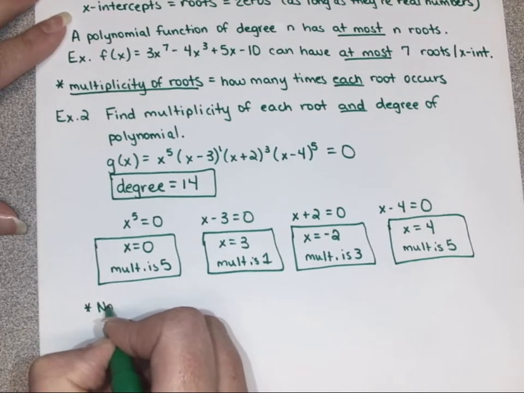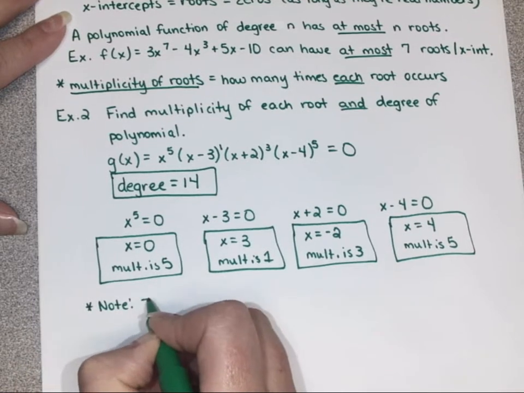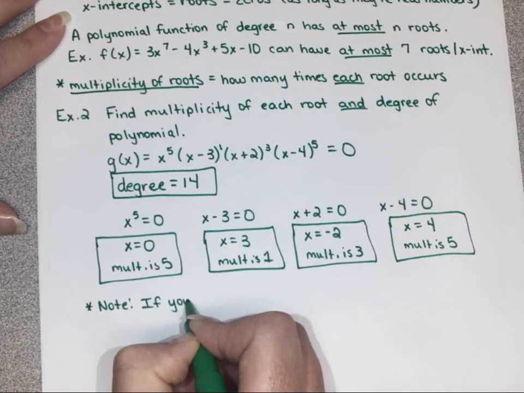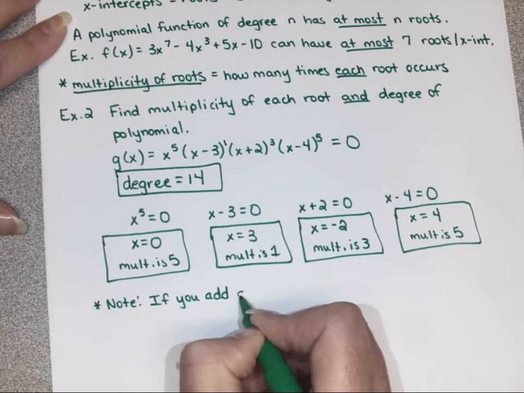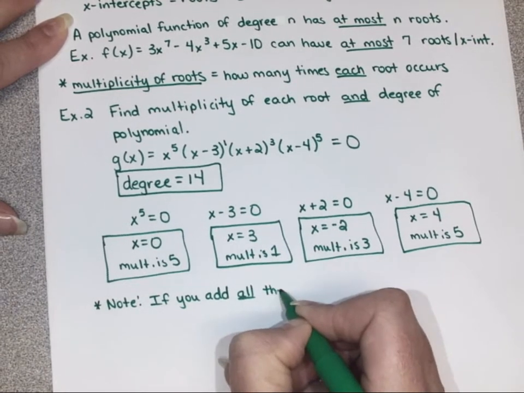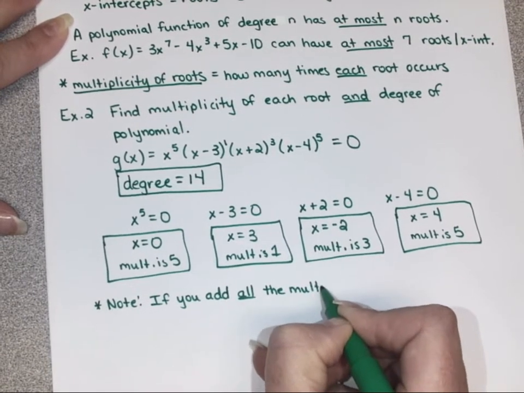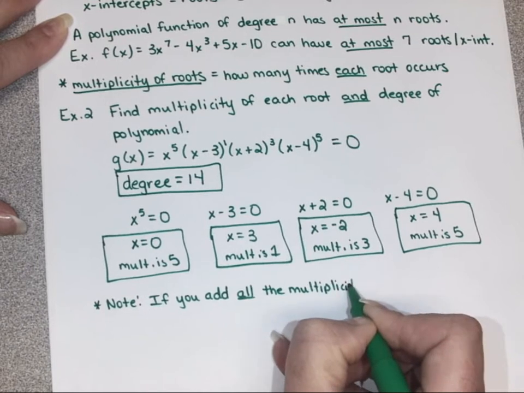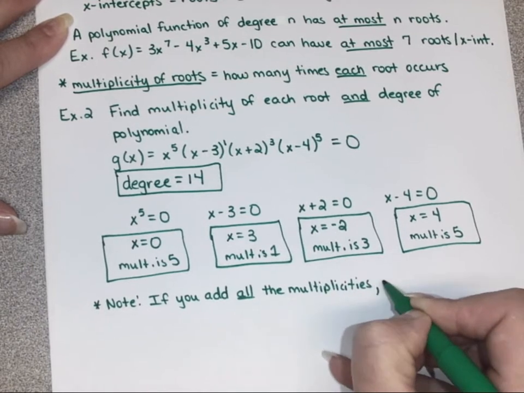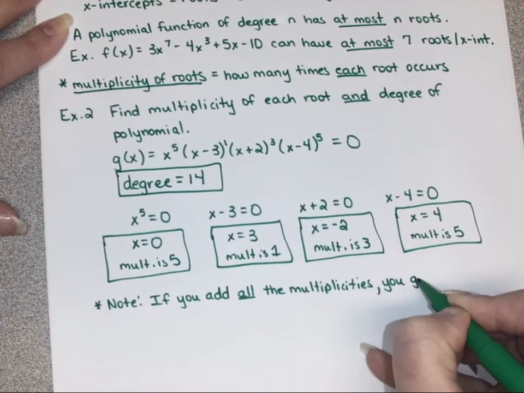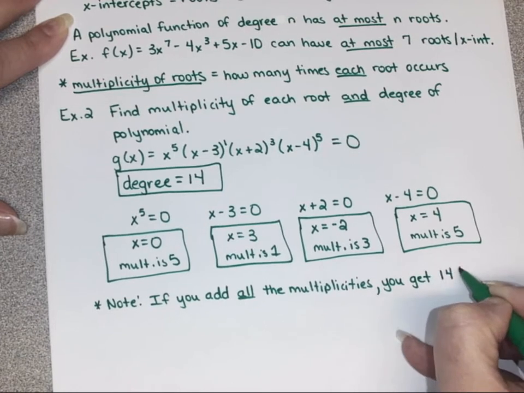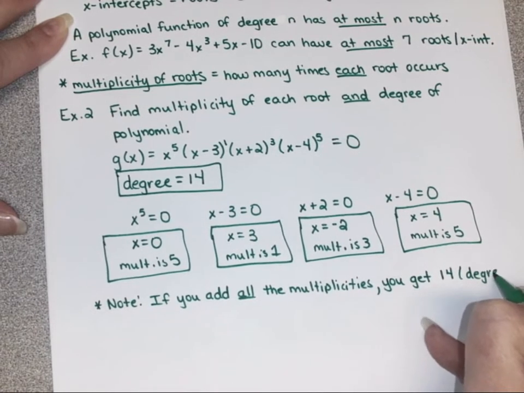So I want you to kind of jot that down. Okay? Note, if you add all the multiplicities, you get 14, which is the degree of the whole polynomial.